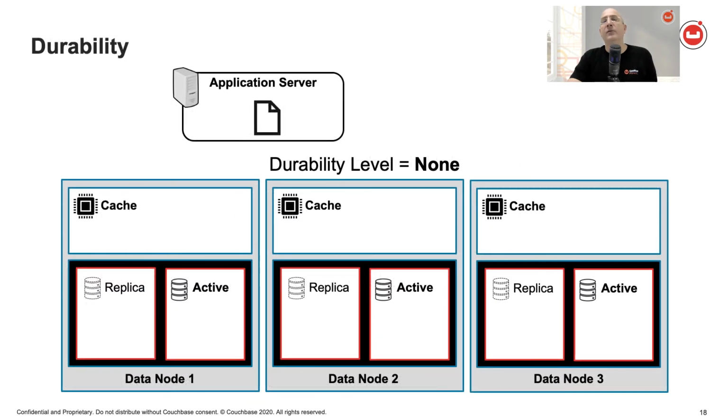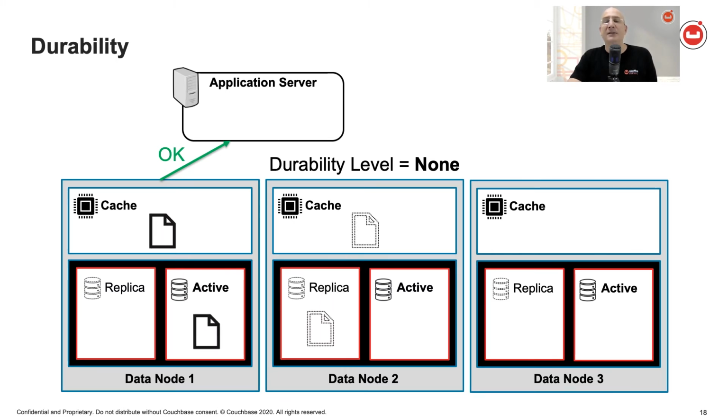We'll start with the default durability level, which is none. With this mode, the client sends the change to the node that holds the active vBucket and gets an acknowledgement right after the change was made in memory. Couchbase will asynchronously replicate the document to another node and persist the document to disk.